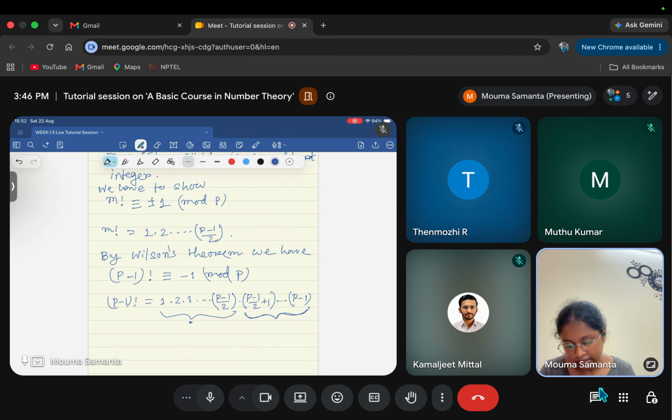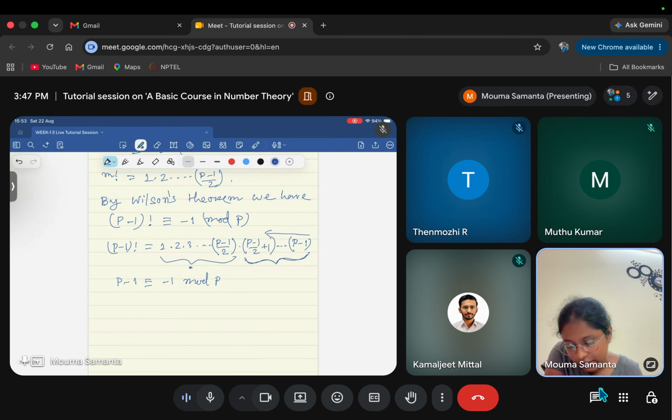Now something beautiful is here. If you take p minus 1 and go in the reverse direction from p minus 1 down to (p minus 1)/2 plus 1, and see under modulo p which integer each is congruent to. First, p minus 1 is congruent to minus 1 mod p.